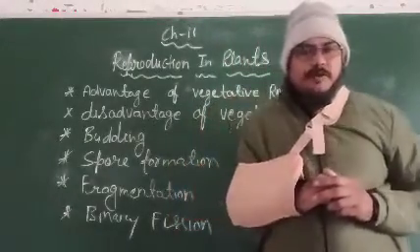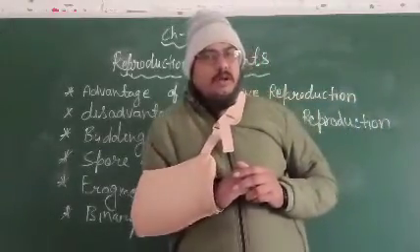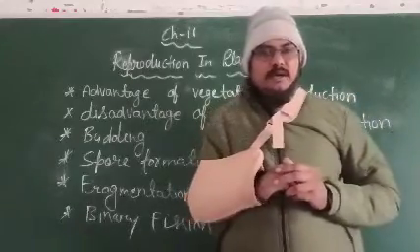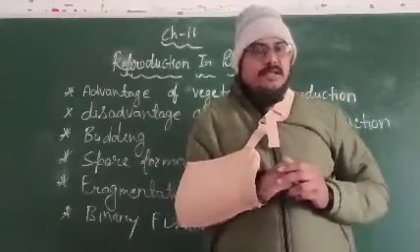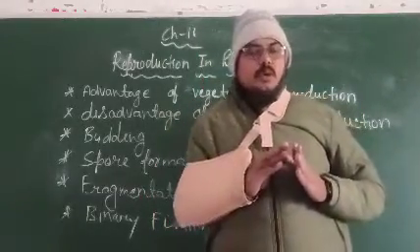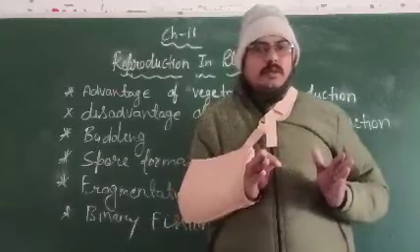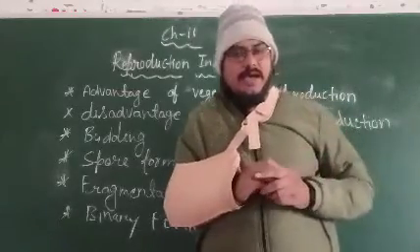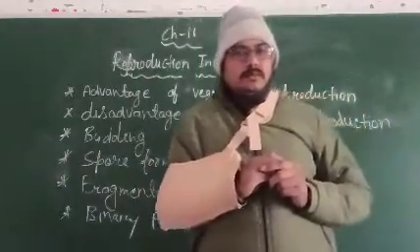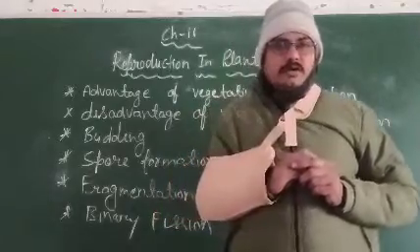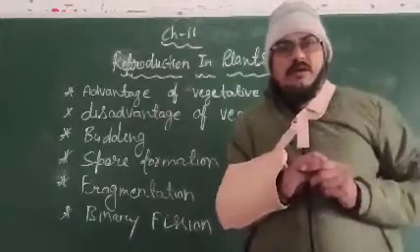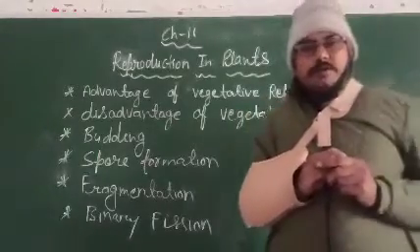So this method of reproduction occurs in a type of algae called Spirogyra, whose filamentous body breaks into many parts, and every part grows into a complete, mature, new Spirogyra, and it is so fast that it covers the whole pond very soon. So this is fragmentation, students.